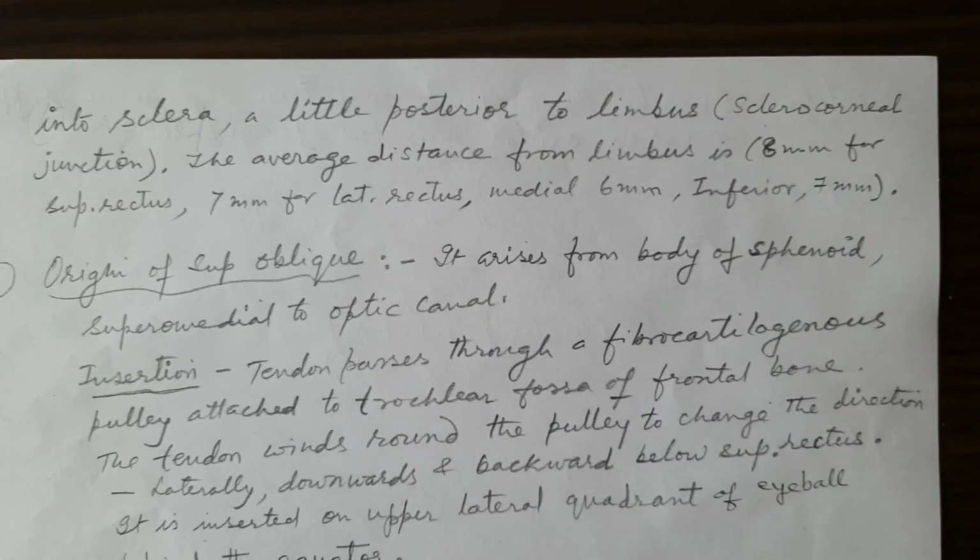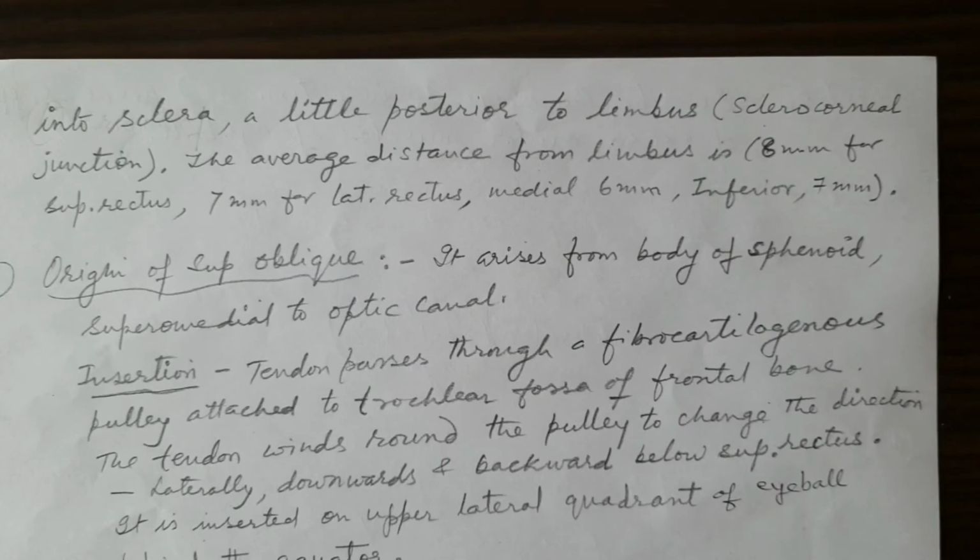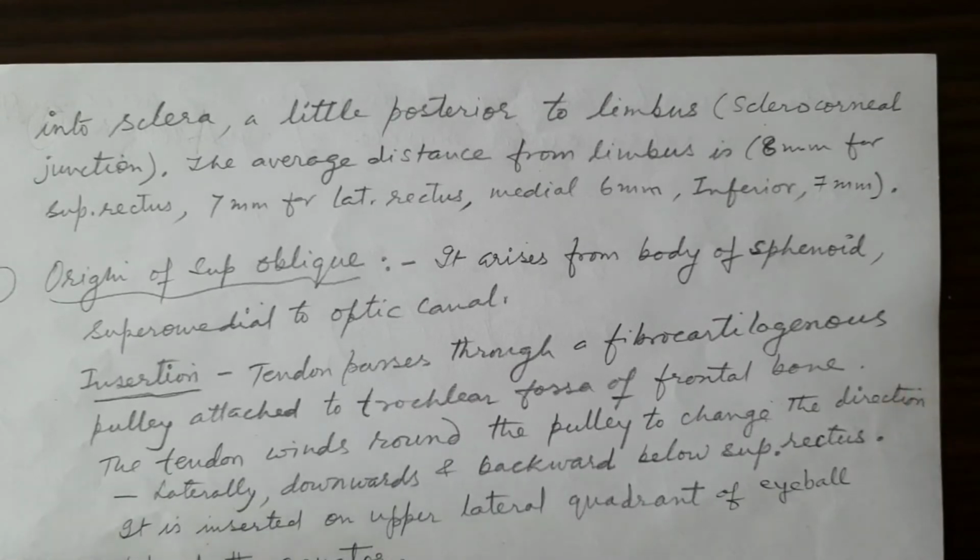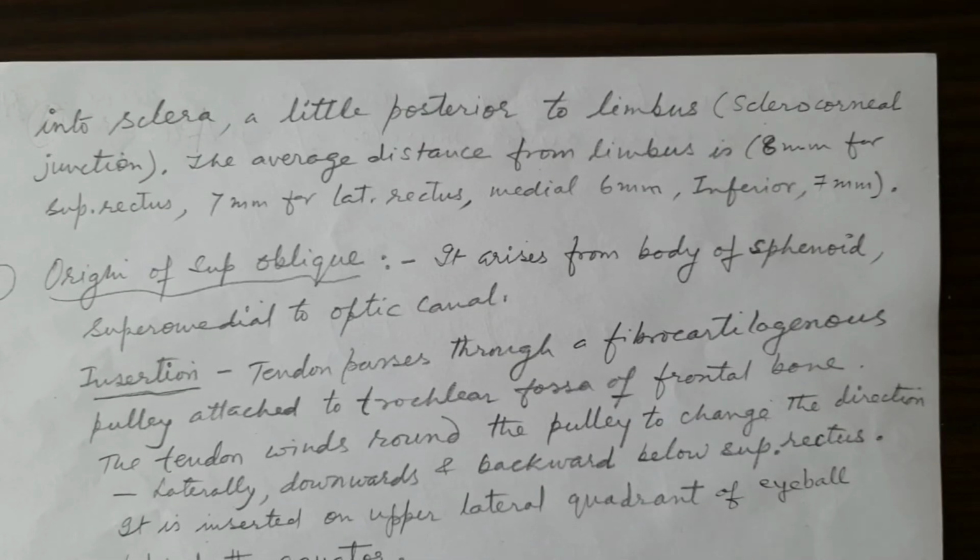That means superior rectus is attached to the sclera 8 millimeter behind the sclerocorneal junction. The lateral rectus is 7 millimeter behind, the medial rectus is 6 millimeter, and inferior rectus is about 7 millimeter behind the sclerocorneal junction. So this is the origin and insertion of the four recti.